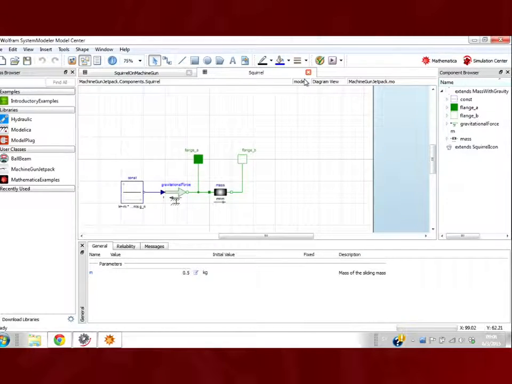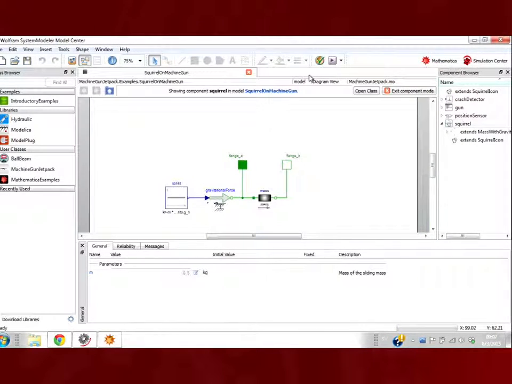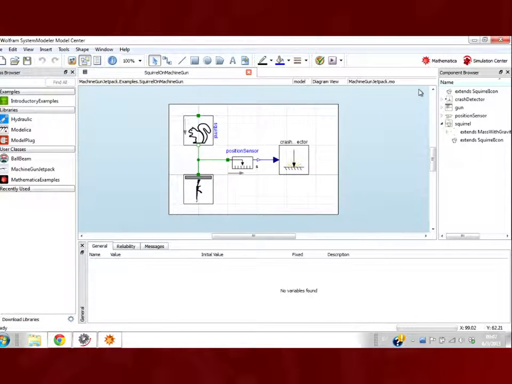But I guess not having the brain model of the squirrel doesn't make too much difference. It's not that intelligent anyway. And in the same way, we have the machine gun and we have the crash detector component. It's drag and drop, and once in a while, when you don't have ready-made components to drag and drop from, then you make some equations. But let's not go into that.